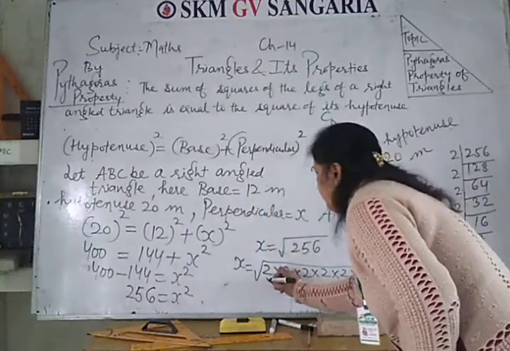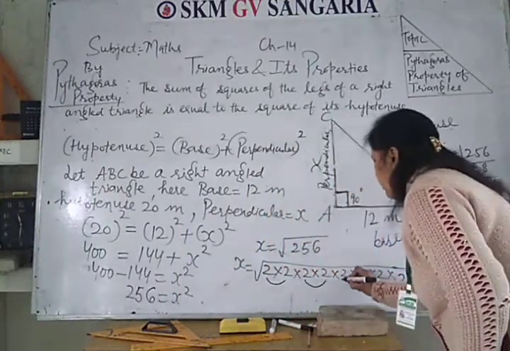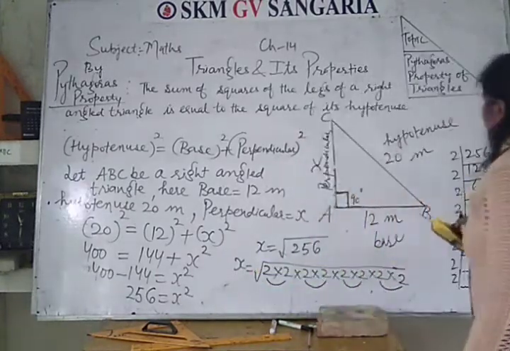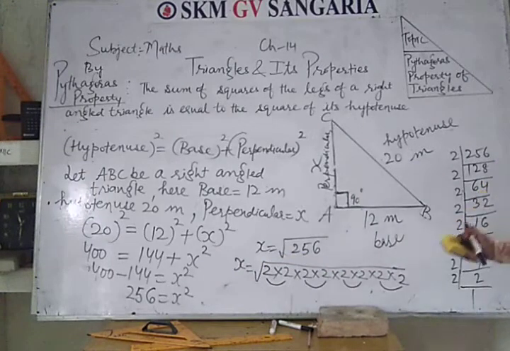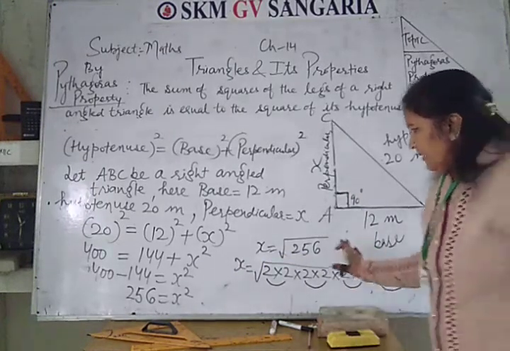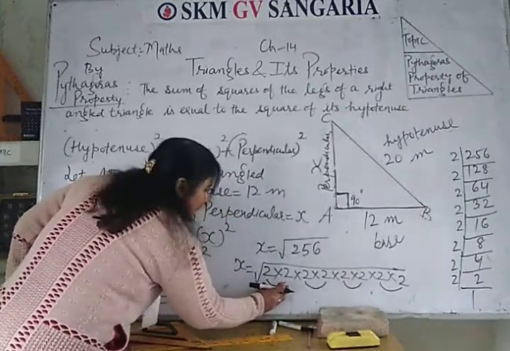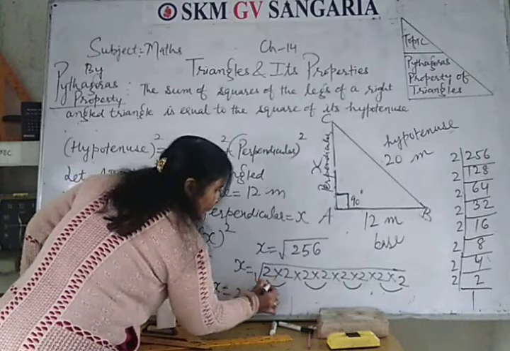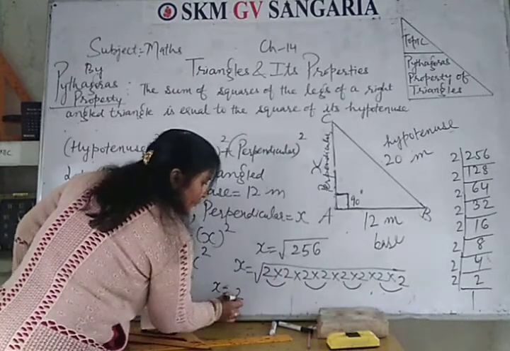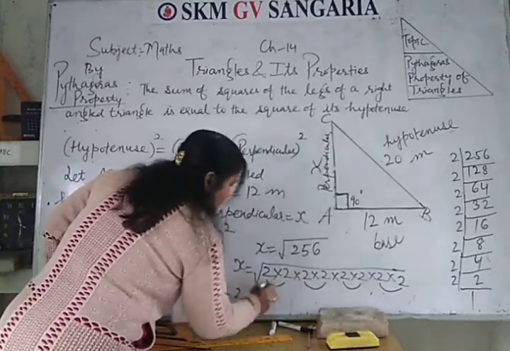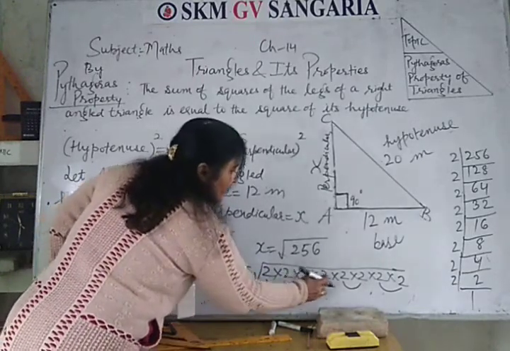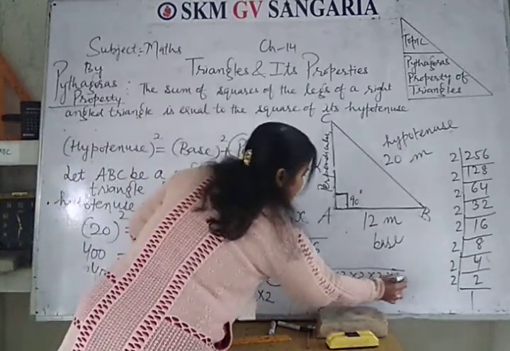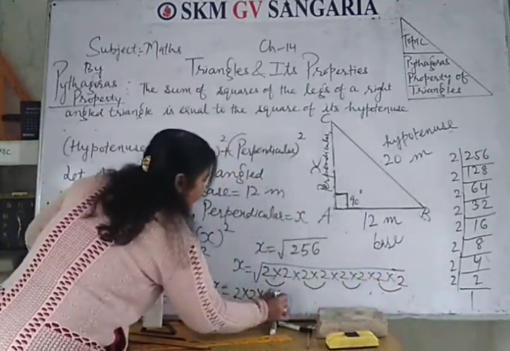Now here we will make pairs. Pairs of 2 2's. For each pair of 2 2, we will take one 2 out. For the first pair I will take only one 2, for the second pair I will take 2, for the third pair 2 one time, and for the fourth pair 2.